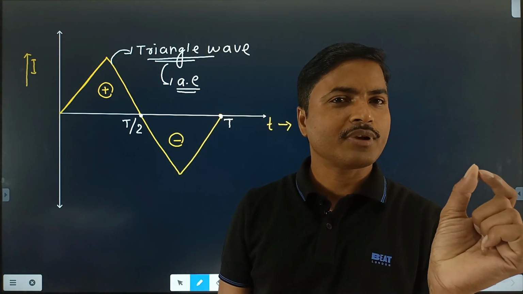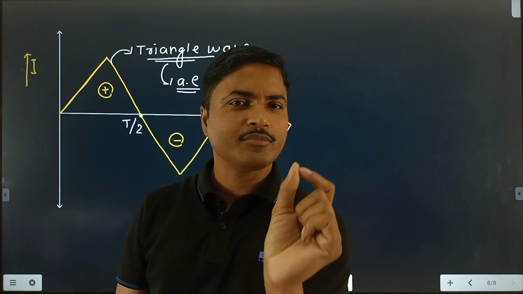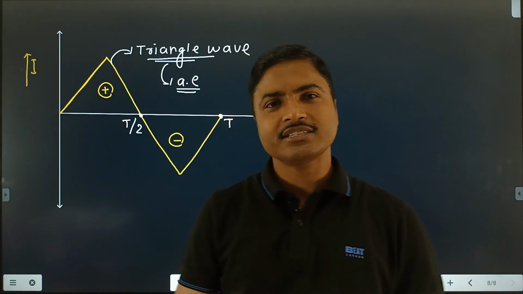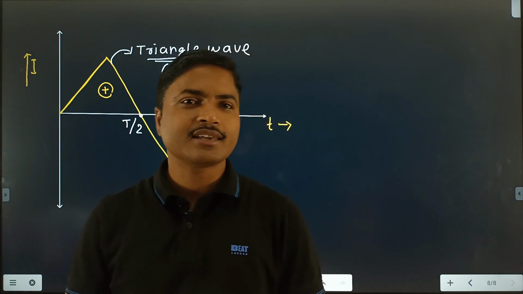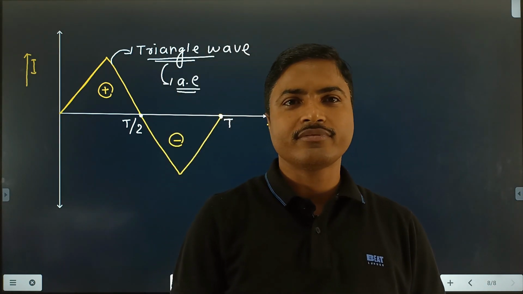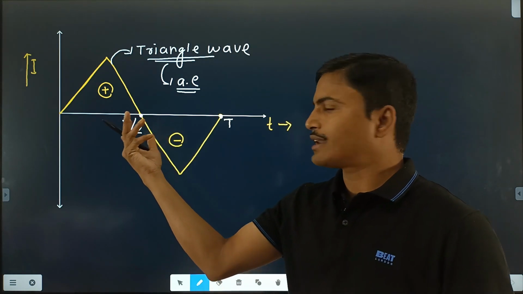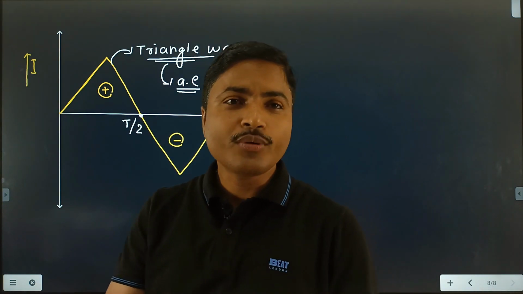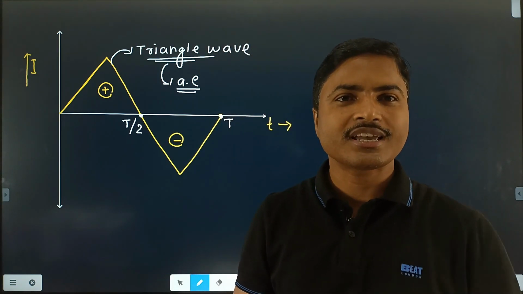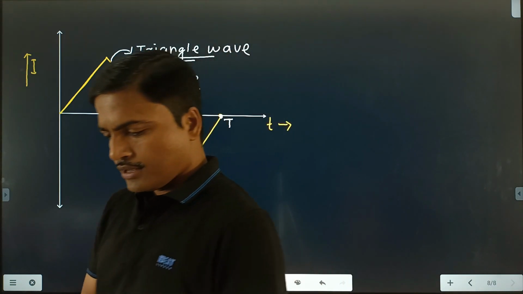Always the electric supply for domestic or commercial purpose is alternating in nature, and that looks like a sine wave, not your triangular form, not your square form. Always it looks like a sine or cosine form, clear?